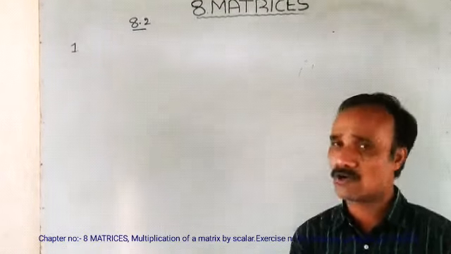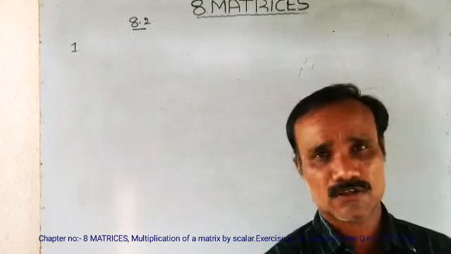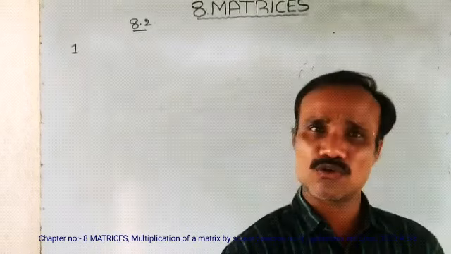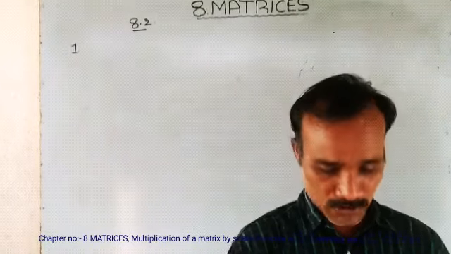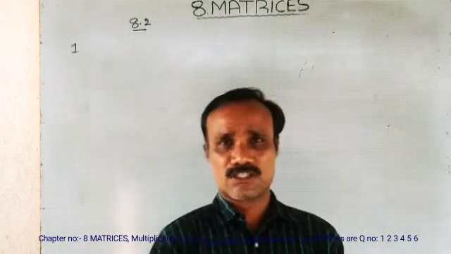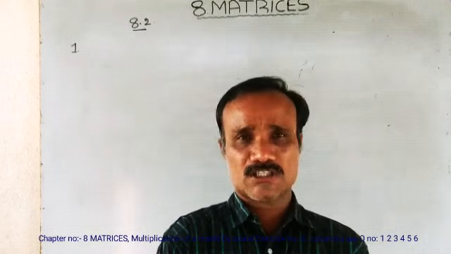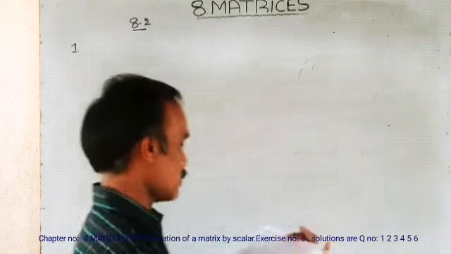I have already completed this lesson 8.2 for 10th B students, so no problem, just go through it once again. Next, exercise 8.2, question number 1. All these questions are about addition, subtraction and multiplication of a matrix by a scalar. Here is question number 1.